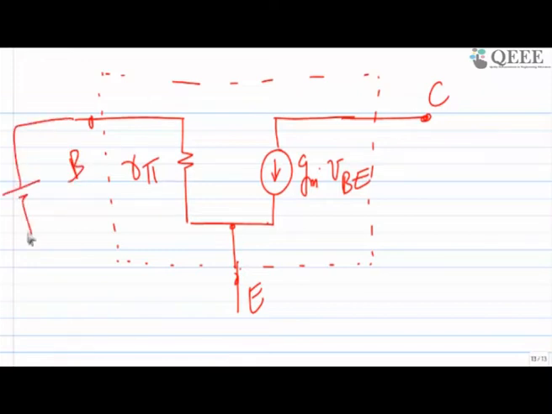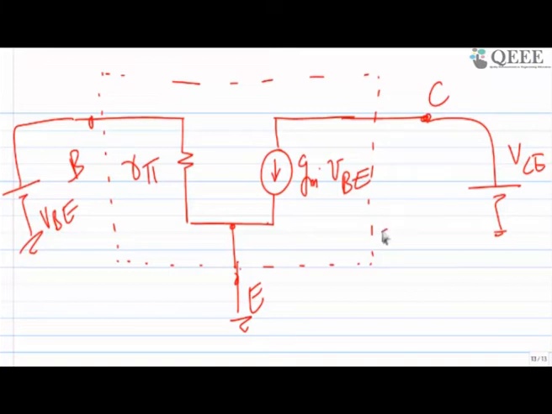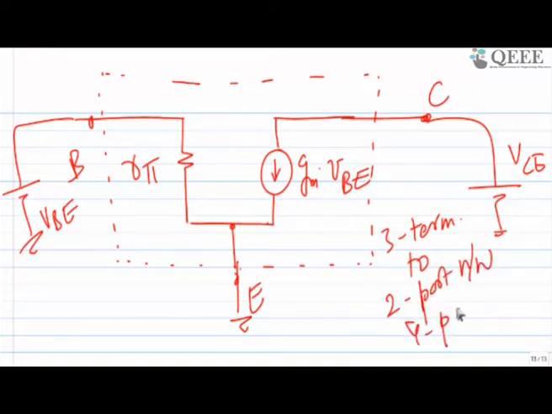Here I am applying VB. I can apply here VC and the other to ground, or whatever you want to apply around this box, but you can replace that 3-terminal BJT with a 2-port network, which is Y parameter based.